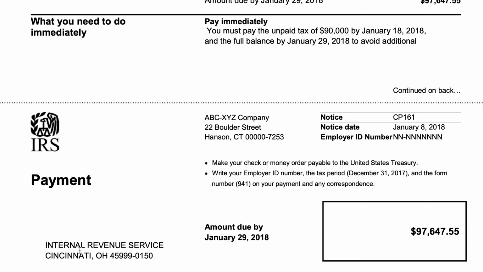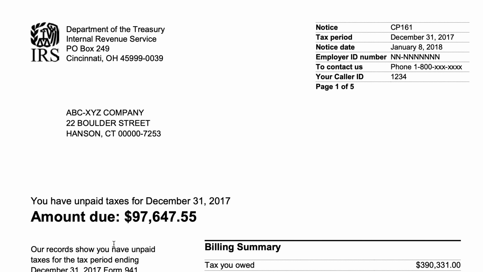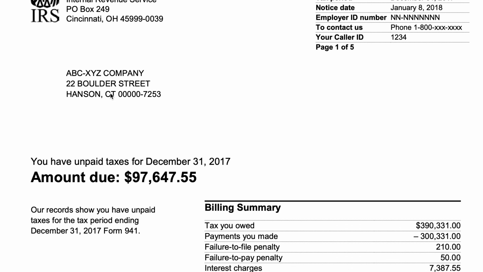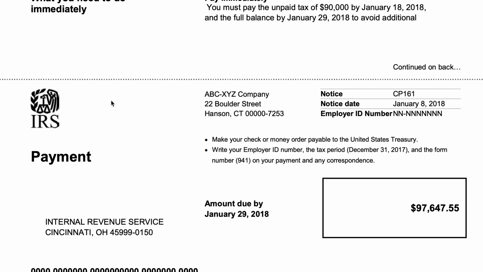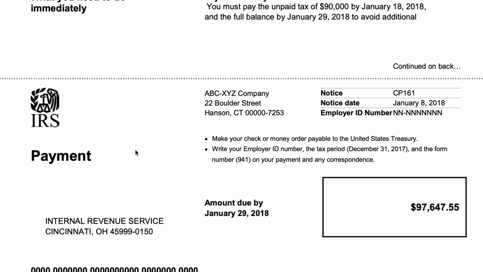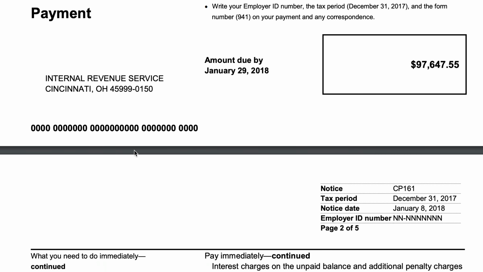Also make sure that you address your check or money order to this address. Sometimes it will be the same as up here in the letterhead, but I have seen more times than not that this is actually a different address. Sometimes the correspondence is sent from one IRS location with the expectation that you're going to send the payment to a different location, so pay particular attention to that.